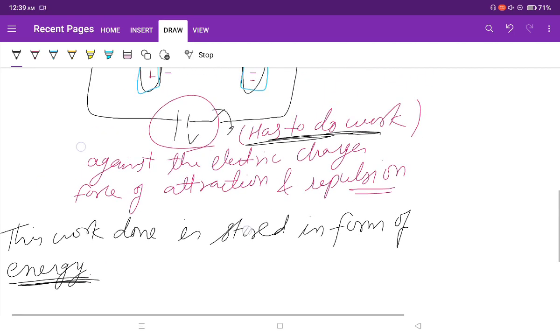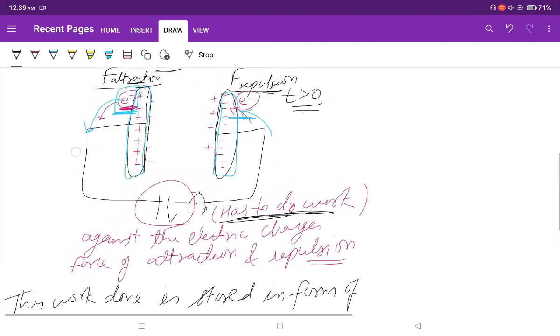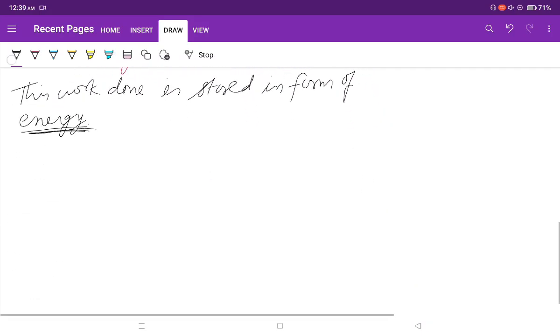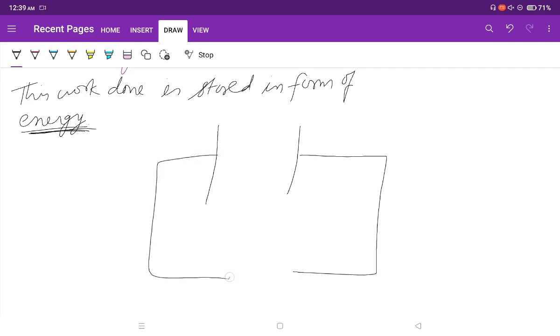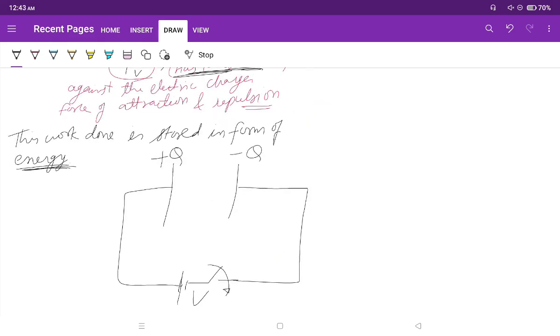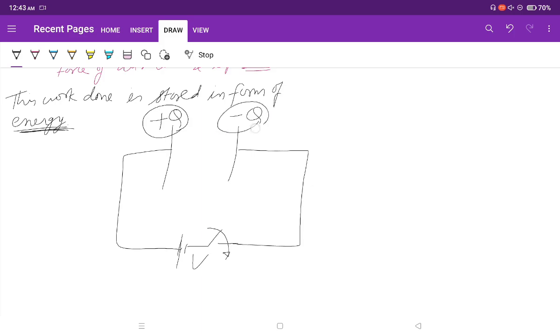After this capacitor gets fully charged, suppose we have plus q and minus q as the total charge. So what we see here is that the charges are on the plates, lying on the plates.